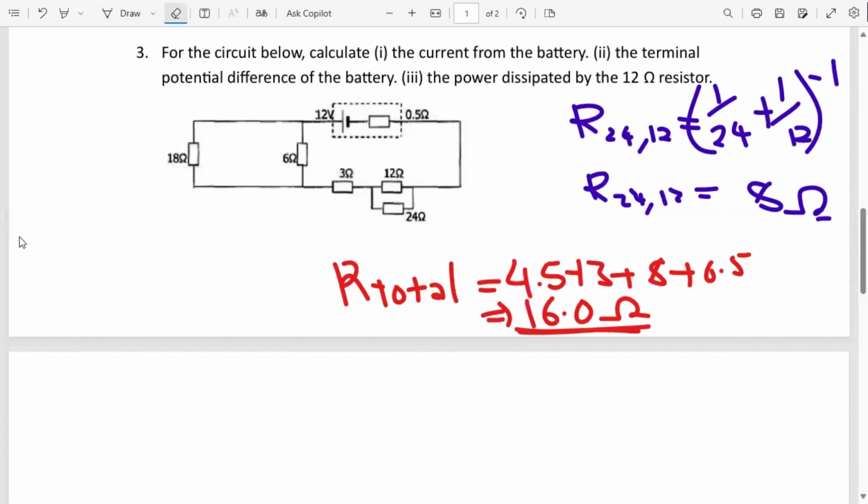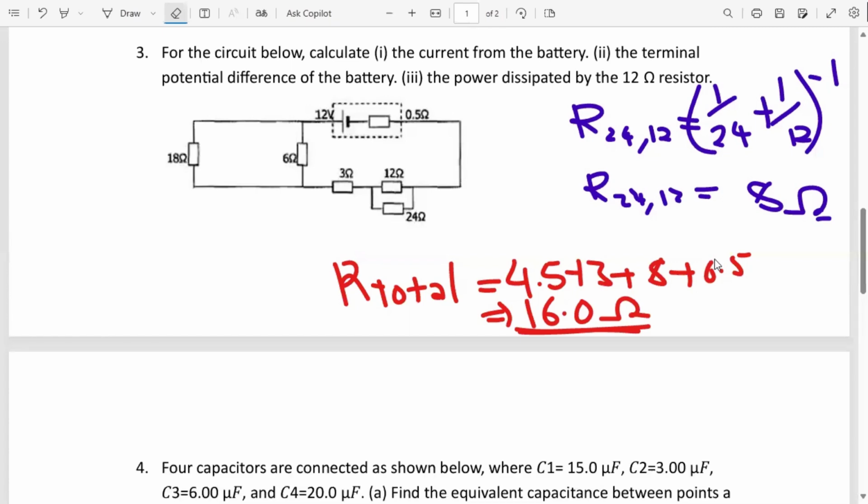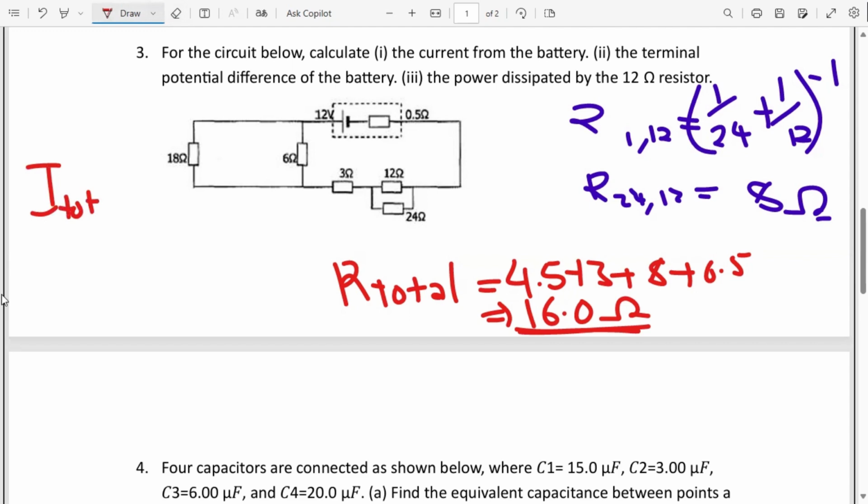So for part 1, the current is equal to total voltage over total resistance, or total EMF over total resistance.